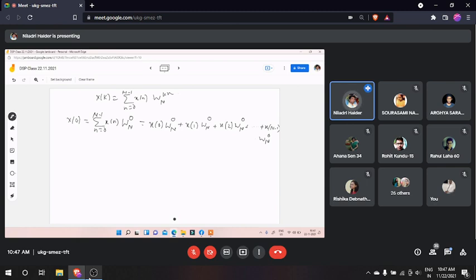For each and every value of x, the coefficient is Wn^0 for k equal to 0.